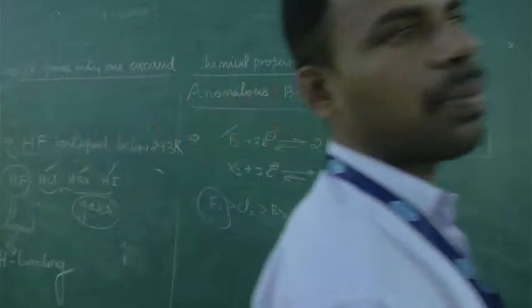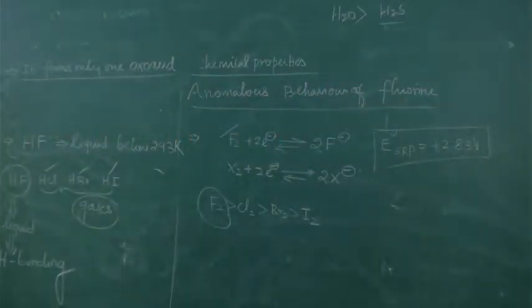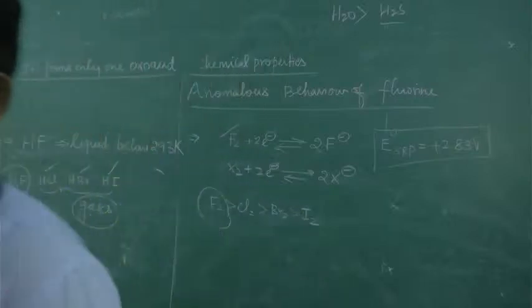Anomalous behavior la இது ஏன் anomalous behavior exhibit பண்ணுதுன்னா reason is 5 reasons. என்ன reason? Small size, high electronegativity. இதுல எக்ஸ்ட்ரா பாயிண்ட் என்ன ஆட் பண்ணிருக்கோம்? Low bond dissociation enthalpy. இன்னொரு பாயிண்ட் high value of electrode potential.